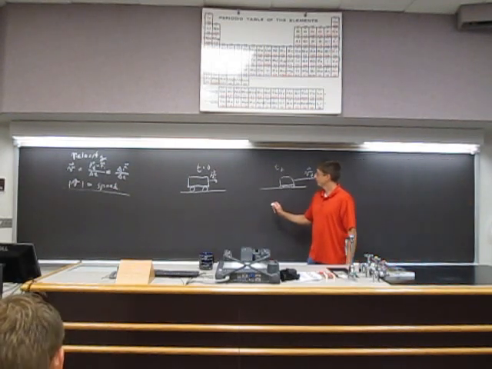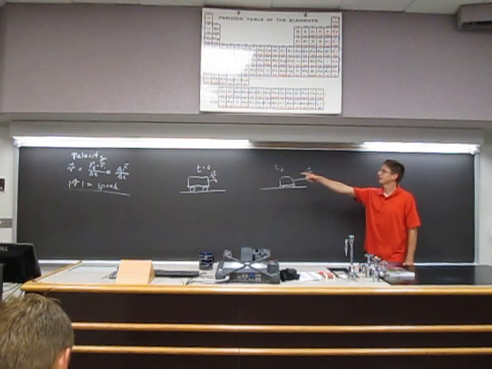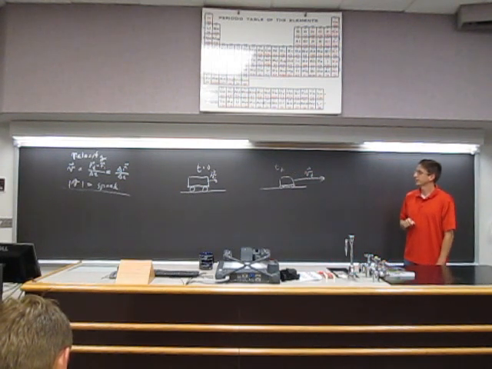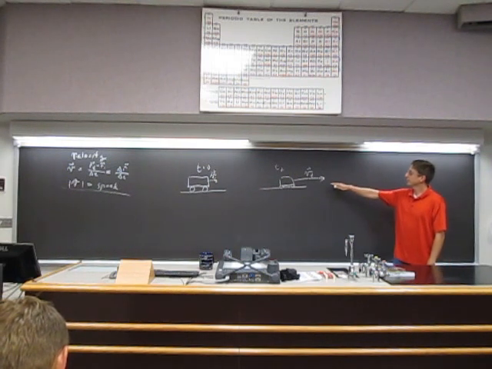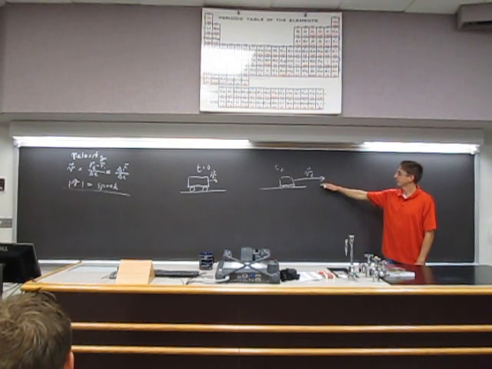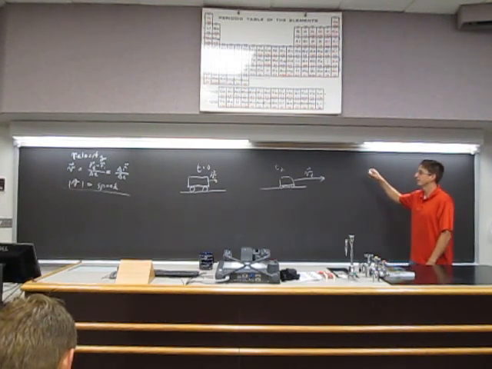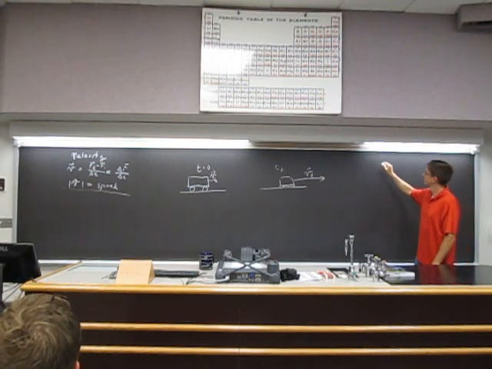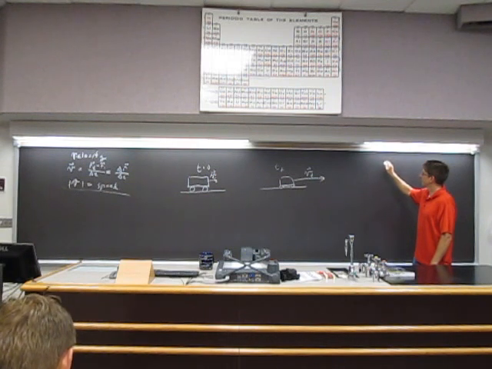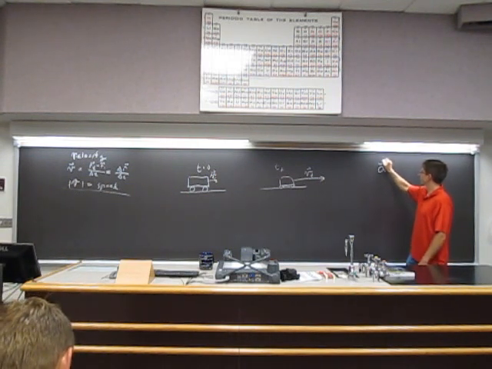And there's a relation that looks a lot like the relation between position and velocity. There's something called acceleration that's related to velocity in much the same way as position is related to velocity. So I'm going to define something called acceleration.